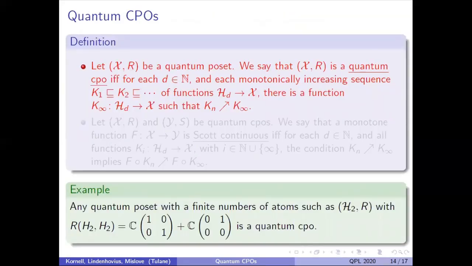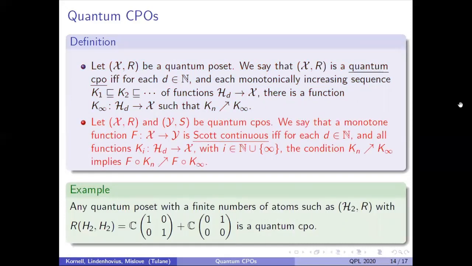Now we can define what a quantum CPO is. That's namely a quantum poset such that if we take a natural number d and we look at the quantum set which contains only one atom of dimension d, then given any monotonically increasing sequence of functions, there should be a function which is the limit of this sequence.